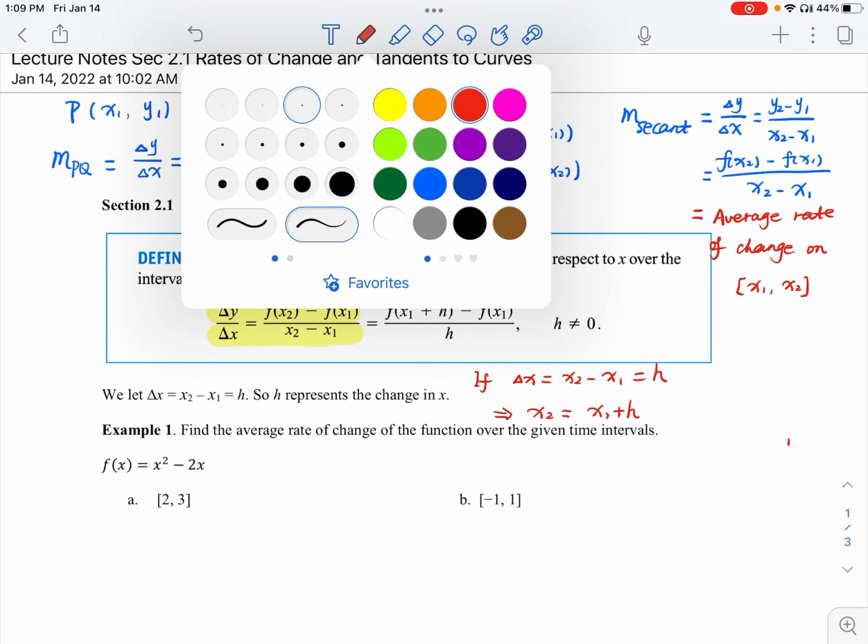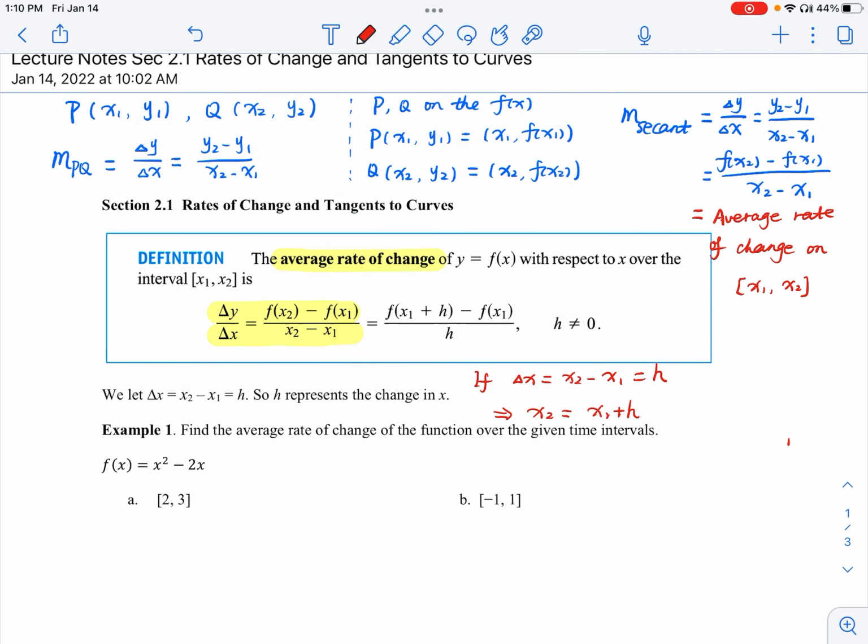Then we can use a different way to find the average rate of change: f(x1 plus h) minus f(x1) divided by h. In fact, all those formulas talk about exactly the same thing. If you want to find the average rate of change, you basically use the change in y divided by the change in x.